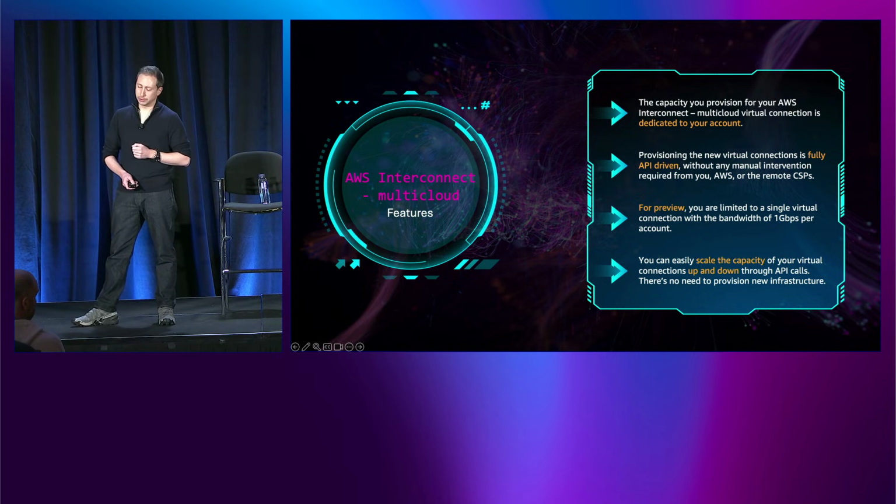Another thing that we're doing is that for the first time, we're creating a service that's really going out of the AWS global backbone. So monitoring is an area where, quite simply, we lose visibility. We hand off the traffic to Google Cloud, and we don't know what's going on the other side.